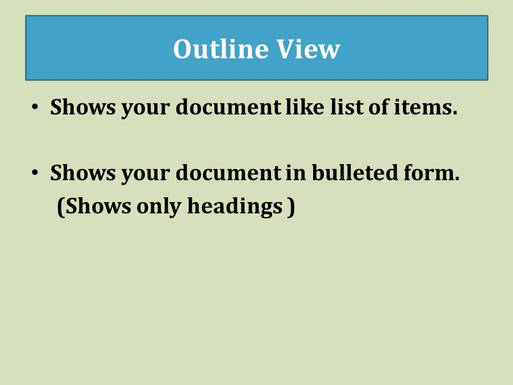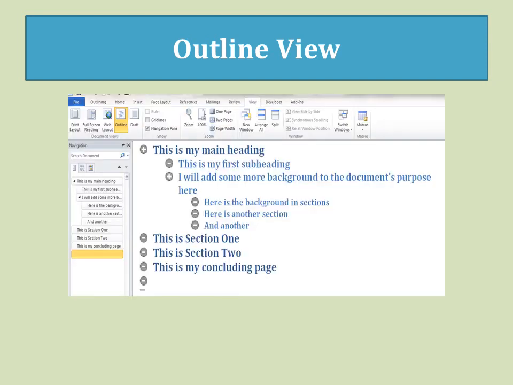Instead, only the headings are displayed in bulleted form in outline view. You can see over here that this is in outline view, and in this document it is only showing the headings of your document in list form.